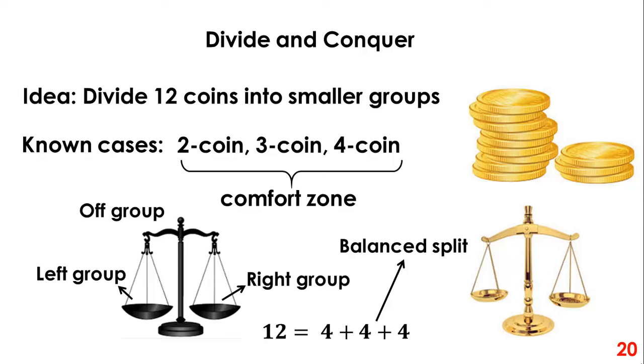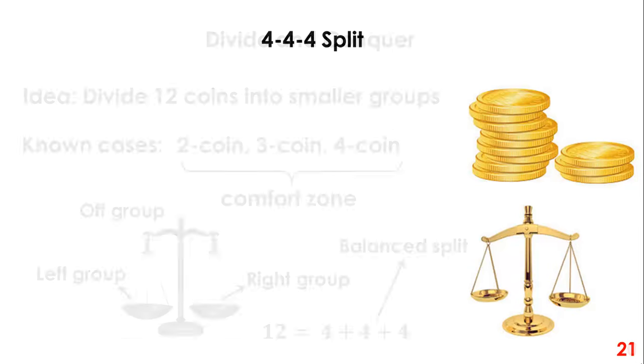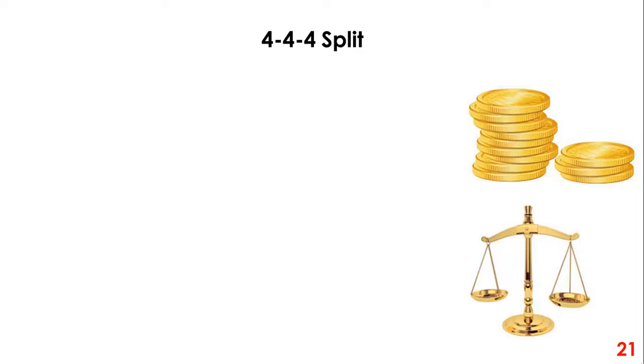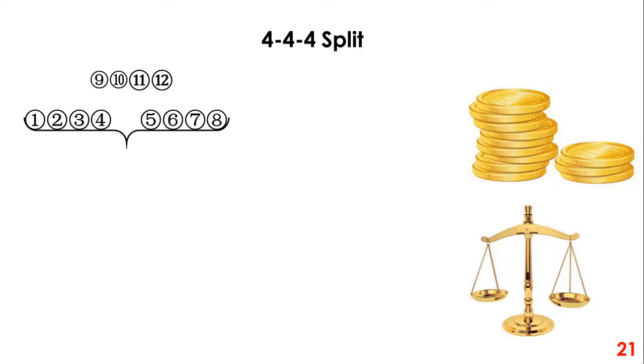If you make all the groups as balanced as possible, then you reduce the overall cost. That's the principle, and here we use it. So, a 4-4-4 split.